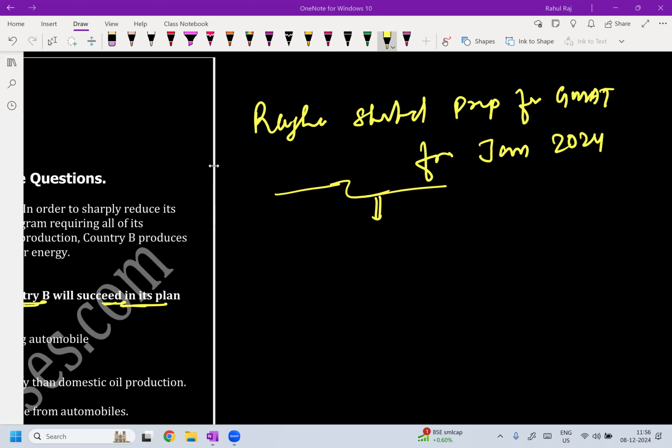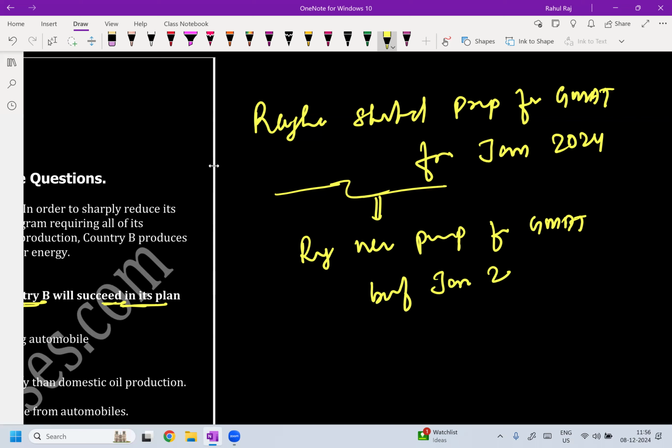So for this statement, the inference is Raghav never prepared for GMAT before Jan 2024. The inference cannot be that Raghav is preparing to get a 790 score and is preparing to get into Harvard Business School, or is still preparing, or will take 10 months to prepare. These are all nonsense.